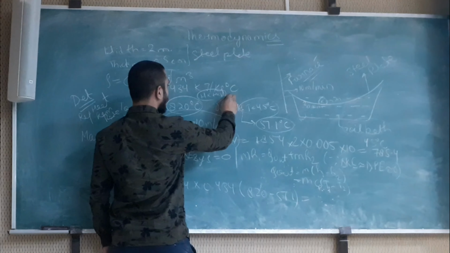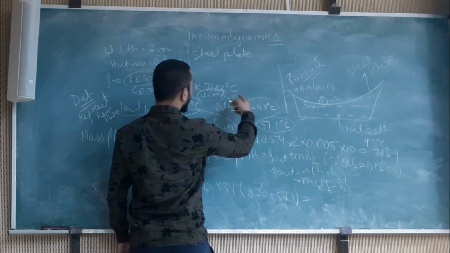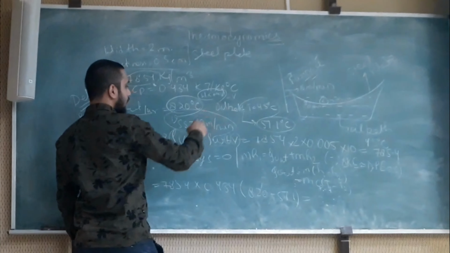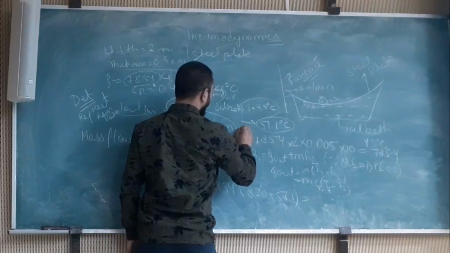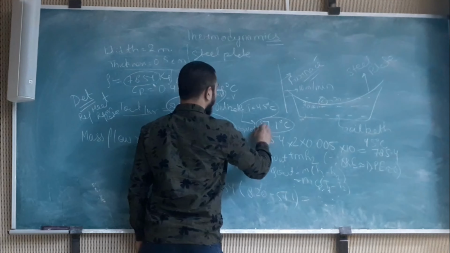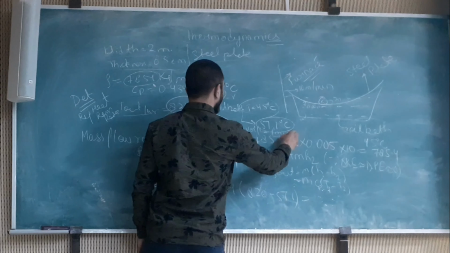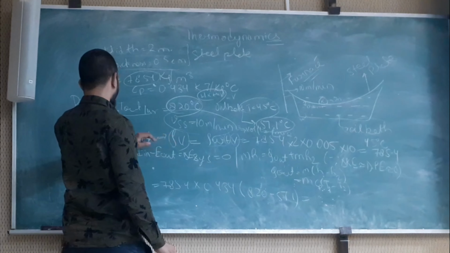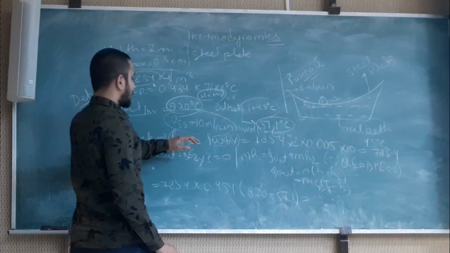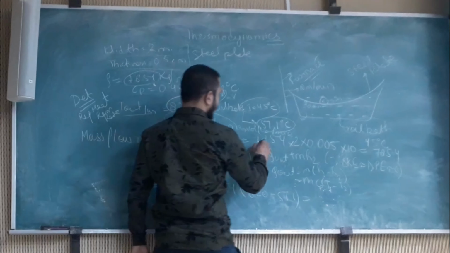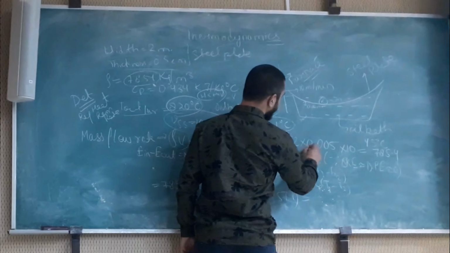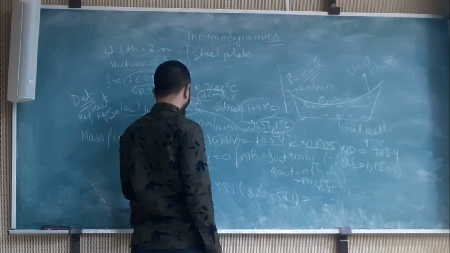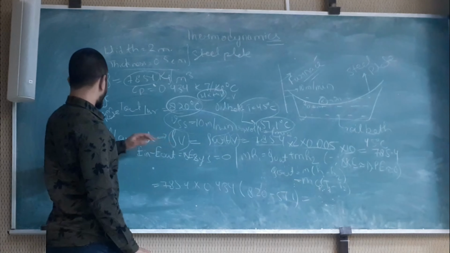So we can find the volume which will be touching the steel plate per minute. So from this we can get the volumetric flow rate per minute, and multiplying it by the density, we can get the mass flow rate per minute. So density is 7854 into 2 into 0.005 into the velocity which is 10. So we can get the mass flow rate per minute.